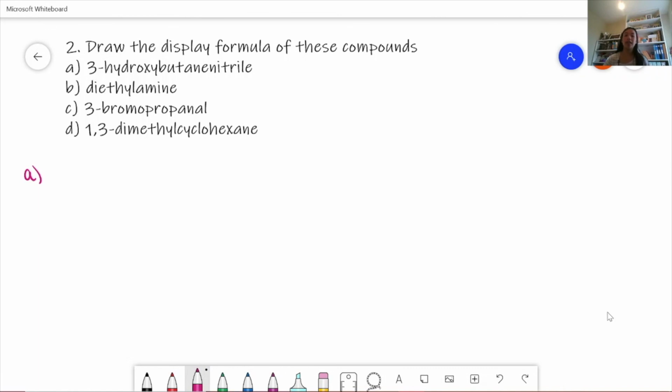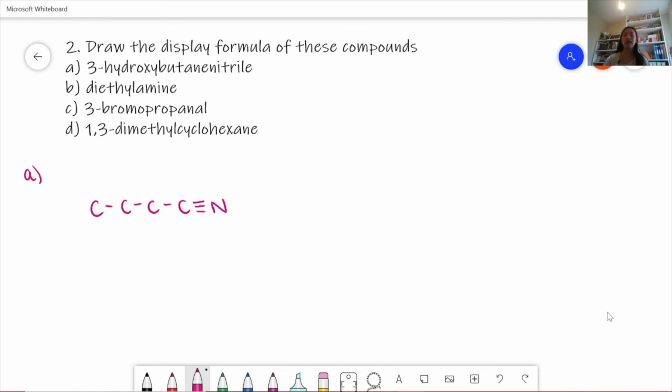And a nitrile is a CN bond, it's when you add a nitrogen to a carbon. And so we have a chain of 4 carbons. And because it's a nitrile, the triple bond carbon-N is on the end. And so we have a triple bond to a nitrogen on the last carbon.